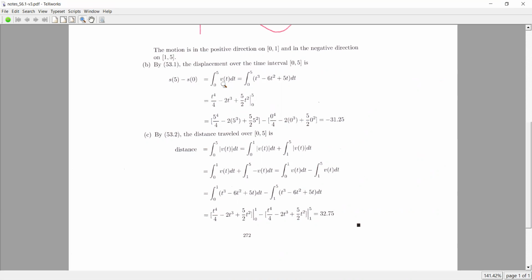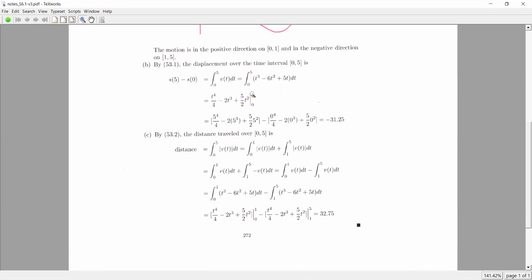In this example, velocity is this polynomial. To compute this integral, we need to find an antiderivative of this polynomial. It is easy to see that the antiderivative is this polynomial.